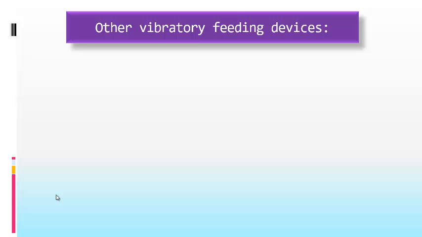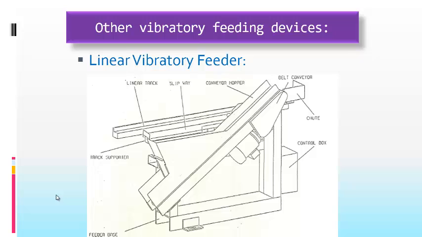If we go down and talk about other vibratory feeding devices, then we'll talk about the feeder track later, inshallah. This is what's called the linear vibratory feeder, which has been designed by Salford University. Instead of having a round track around the bowl, the track now is linear.